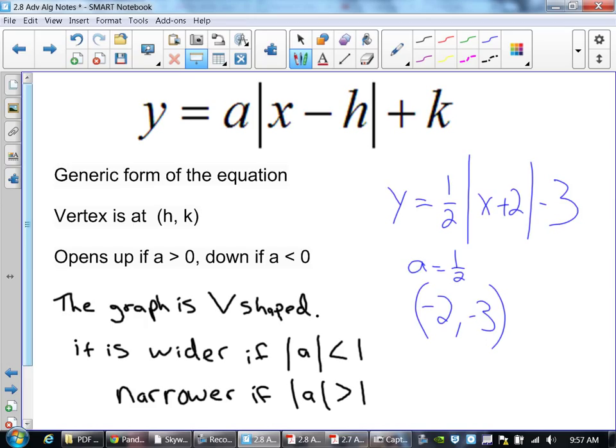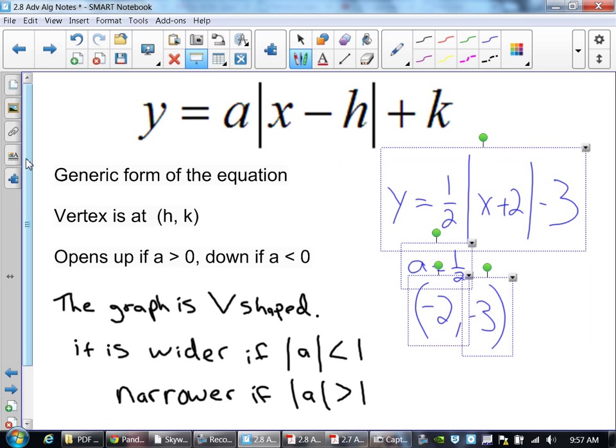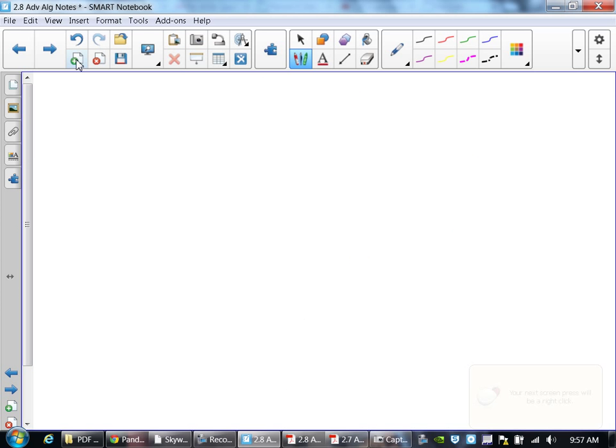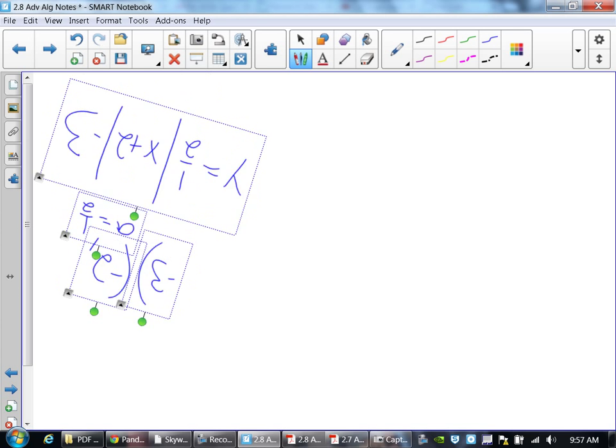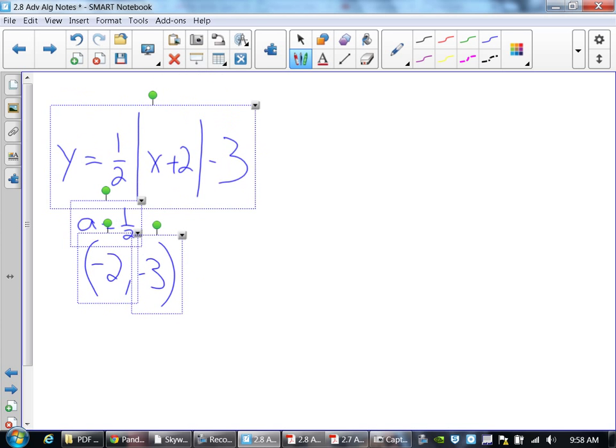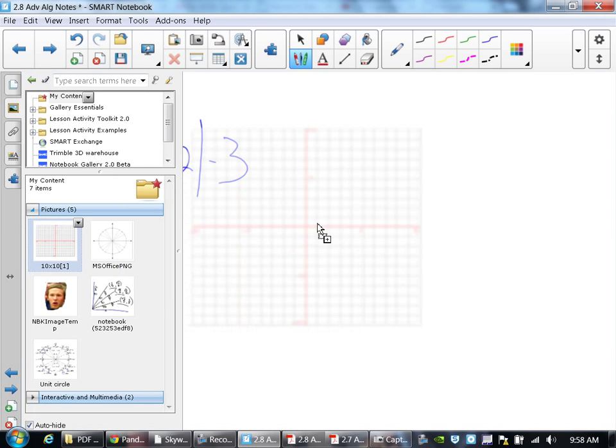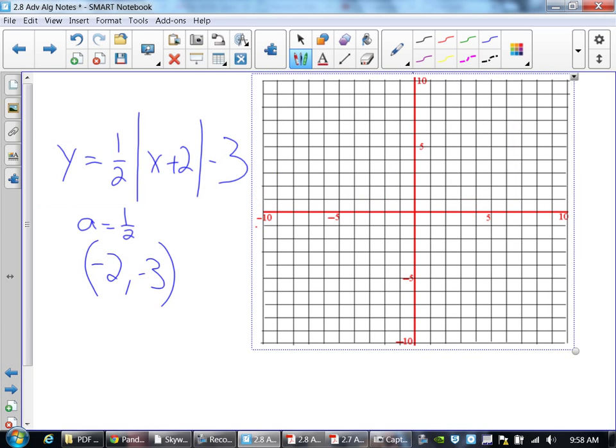Okay. So if I wanted to take this graph, where do I put my first dot? -2 and -3.